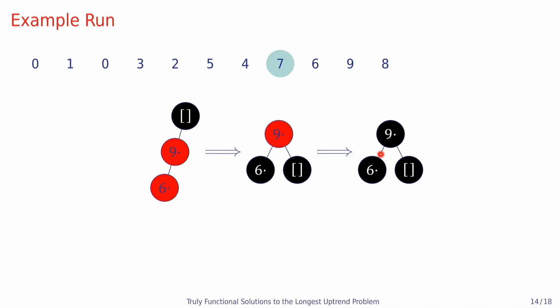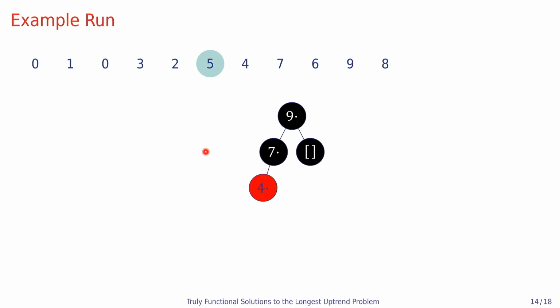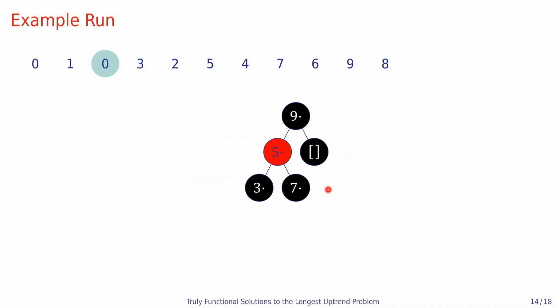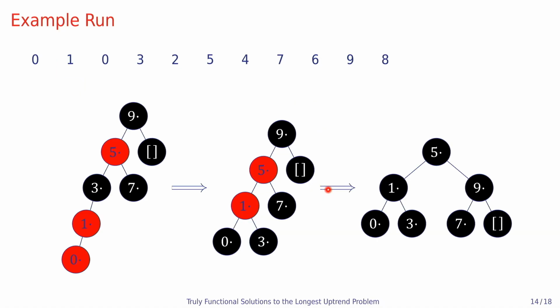So we replace now the uptrend starting with 6 with the one starting with 7 that extends the one here. Now 4 again extends 7, 5 updates, 2 extends, and we have to rebalance again. Now 3, again here's the tipping point. 0 extends, 1 replaces, and 0 in the end extends again.